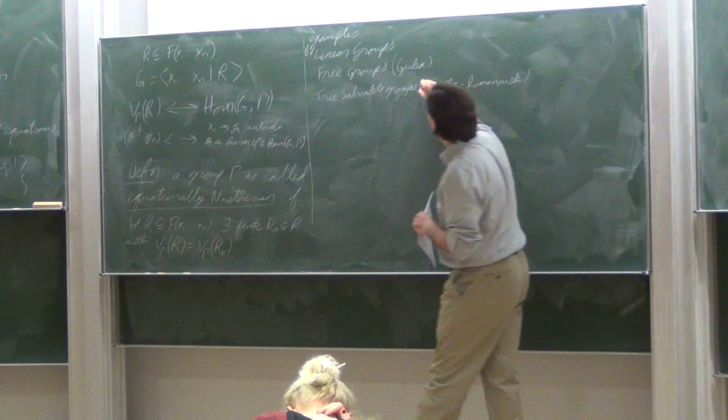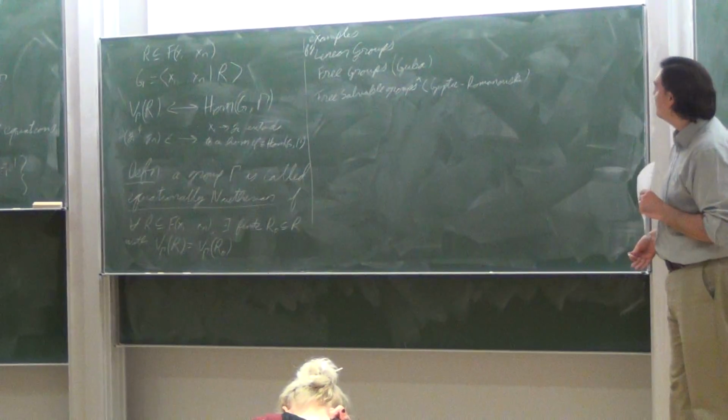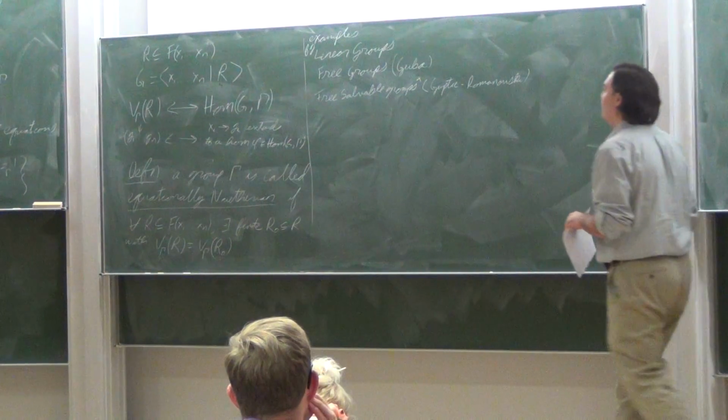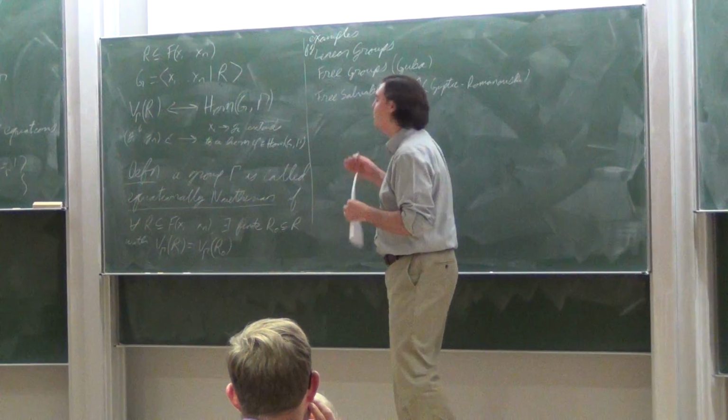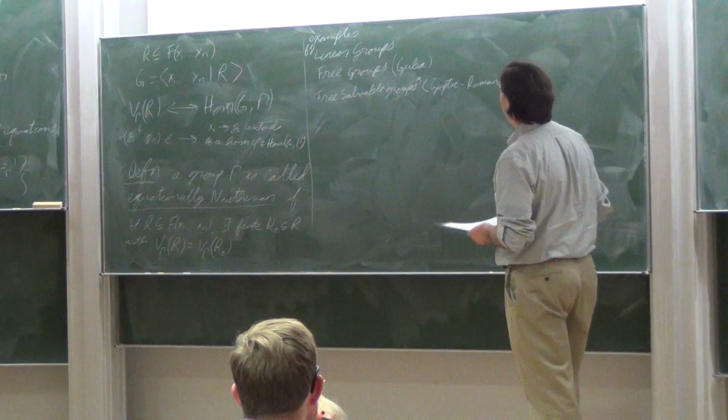And really, they prove something a little more general here. They have a more general class. They're all solvable groups that they prove them for. The easiest way to say it is free solvable groups. They have some more general result about these products that you can build some of these things with.